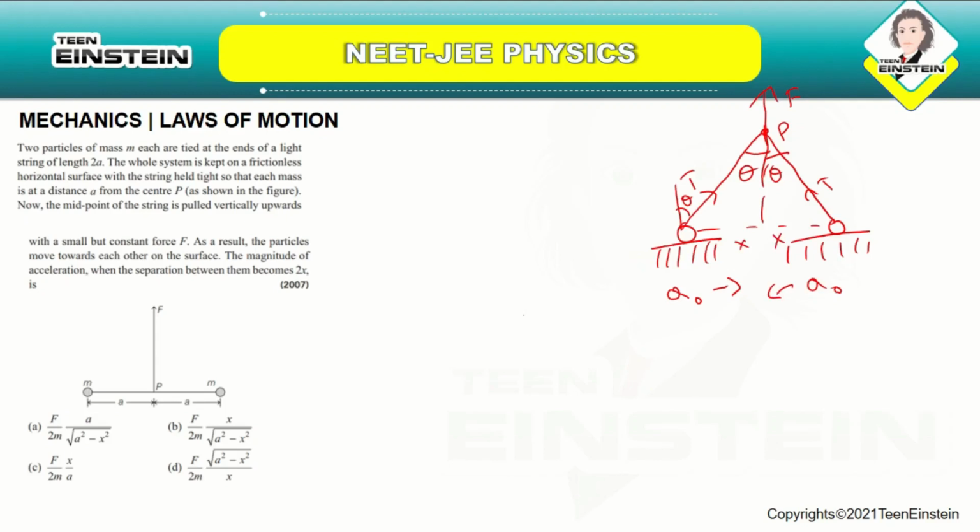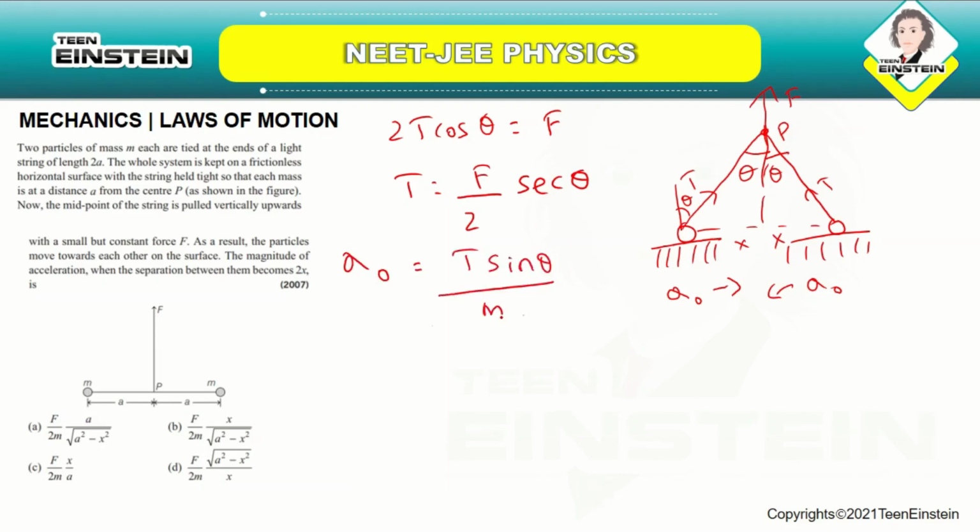So at point P, 2T cos theta is equal to F. So T will be equal to F by 2 secant theta. The acceleration of the particle is given by a naught, which is the horizontal component of tension, so it is T sin theta by m.